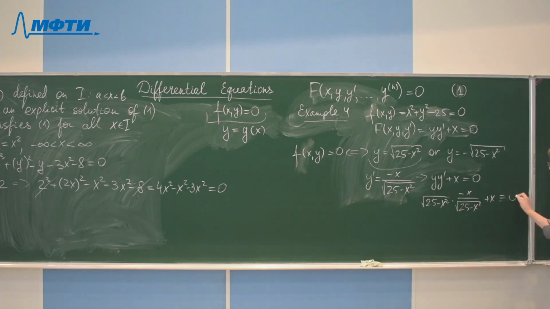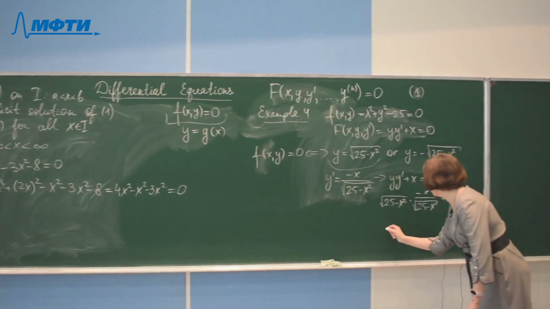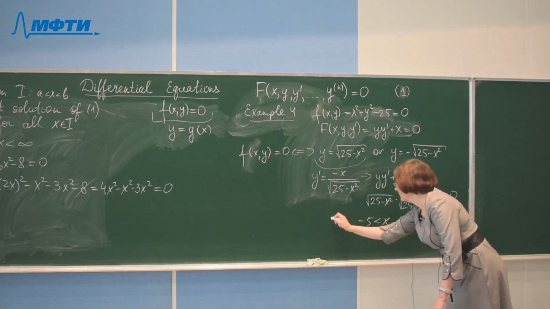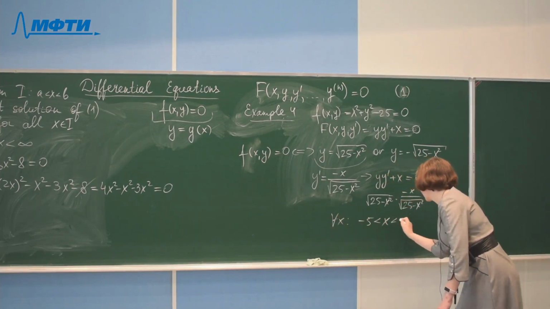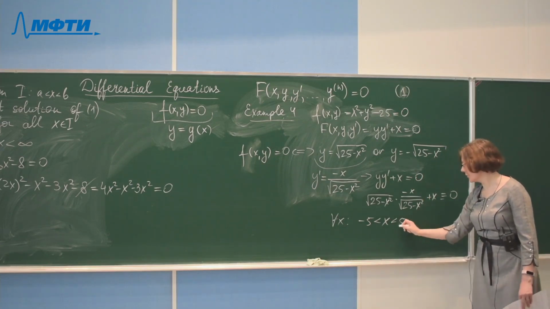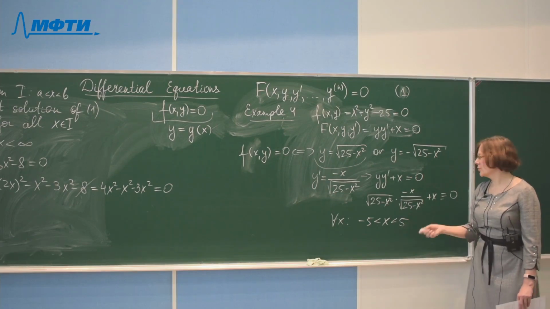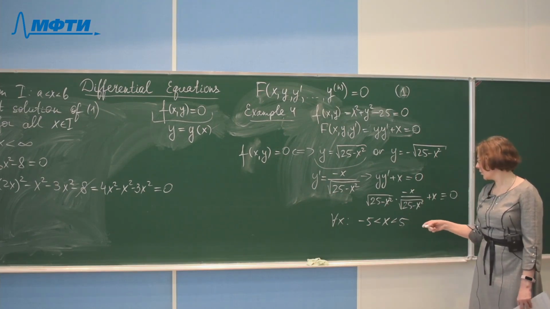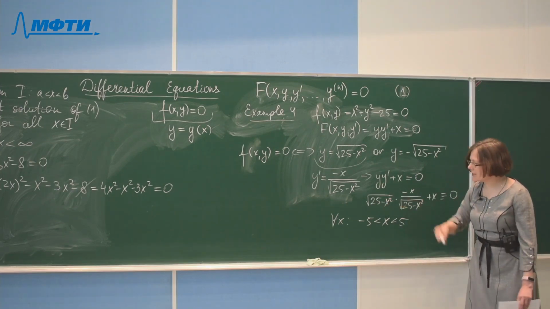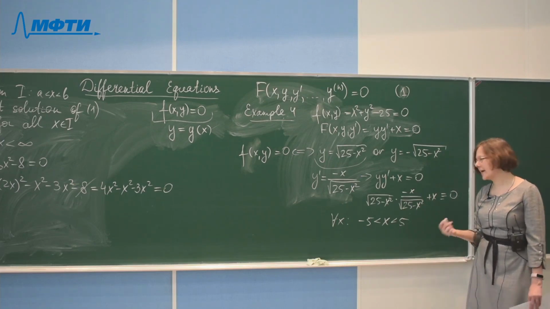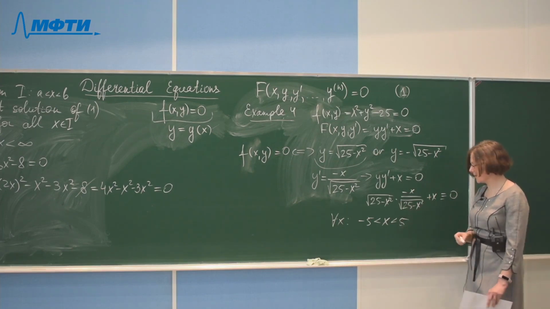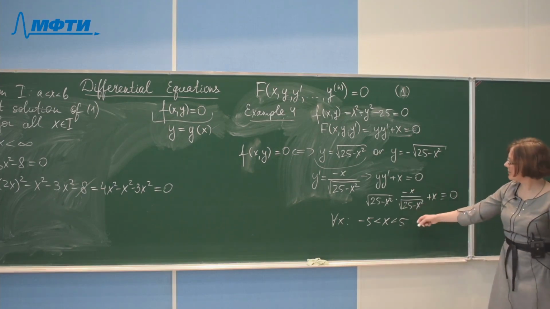It is identically 0 for x between negative 5 and 5. The absolute value of x can't be greater than 5, because the expression under the square root can't be negative, or we can't divide by 0, so it is true only for these values of x.